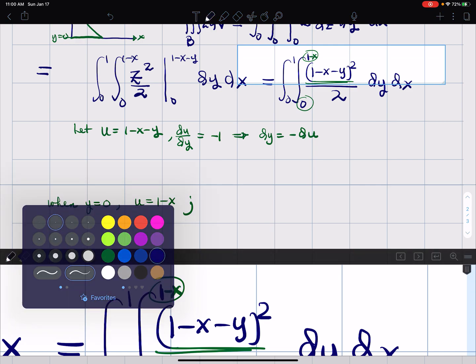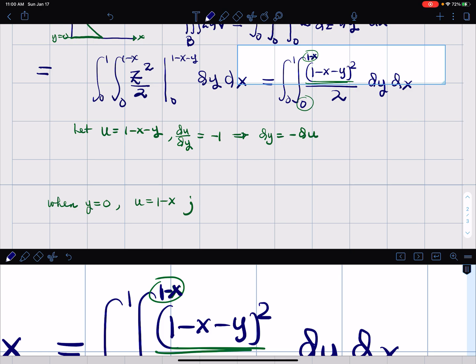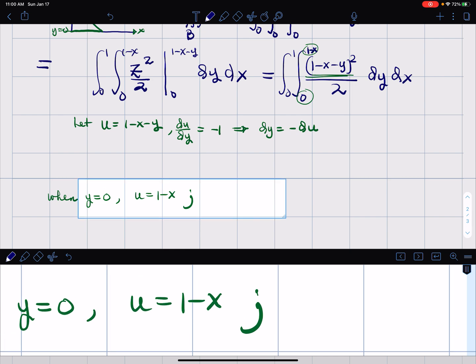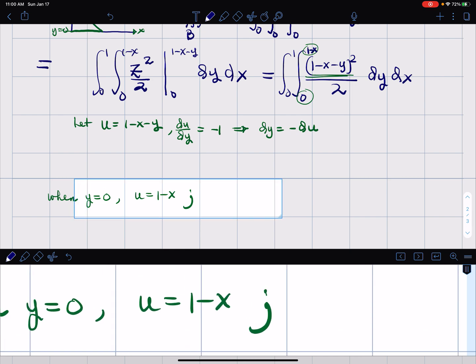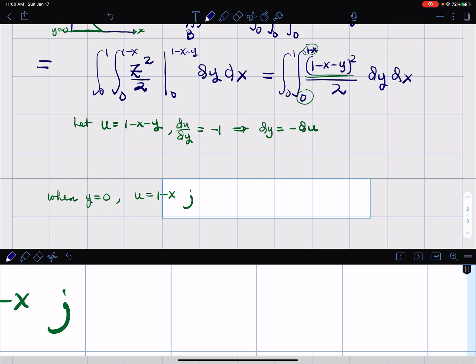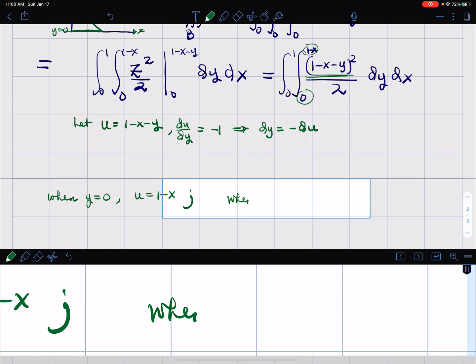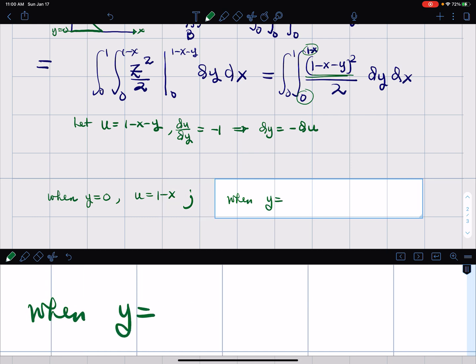So when y is 0, u is 1 minus x. And when y is 1 minus x, what is u? When y is 1 minus x, u becomes 0. Isn't that very interesting?